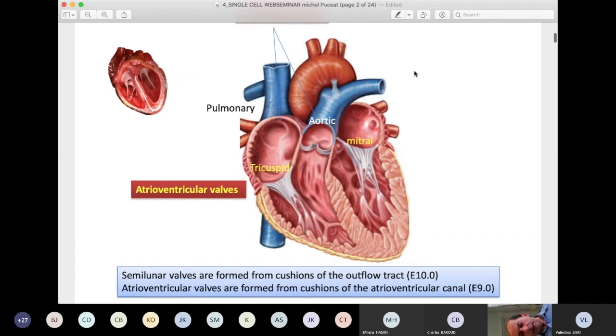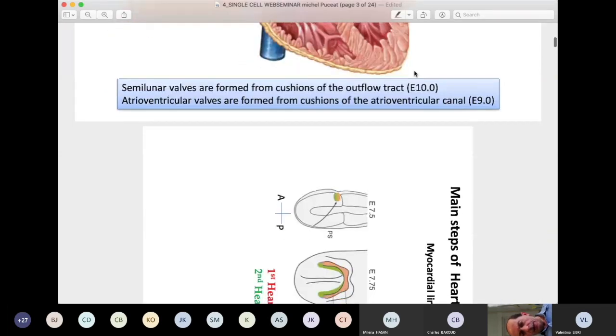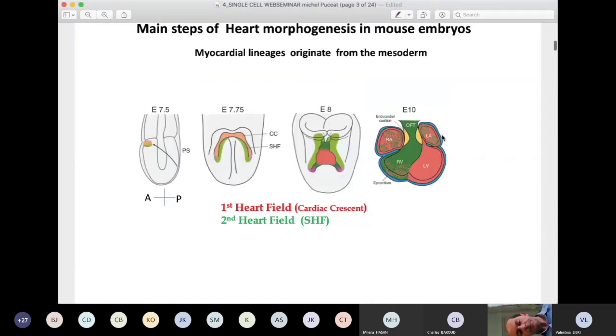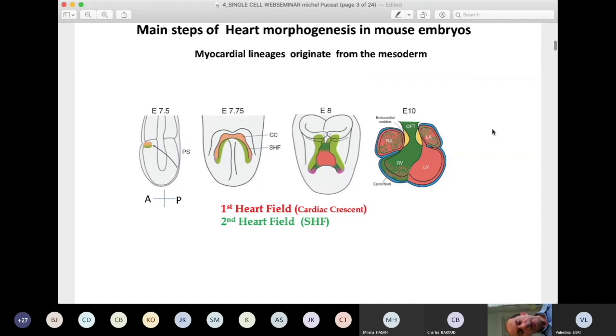If we go back to the development of the heart, as you may know, the heart is a very interesting organ in terms of development because it is the first one to be fully developed and even functional in the embryo or the fetus.